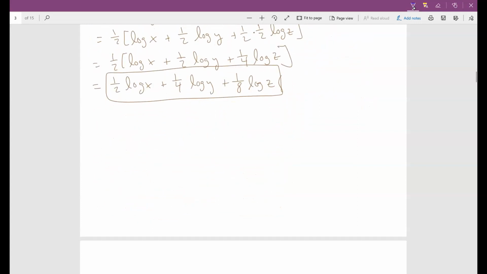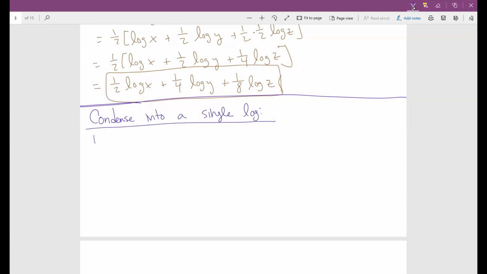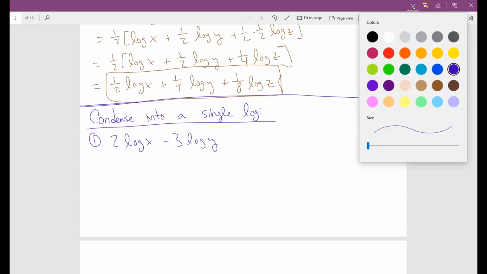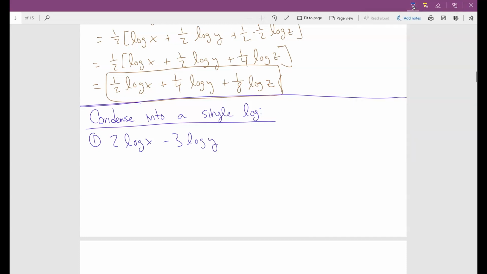All right, so now let's do condensing. Condense into a single log. Let's say we have 2 log x minus 3 log y. What you can do here is first start off by bringing the 2 back forward. So we want to do the opposite.